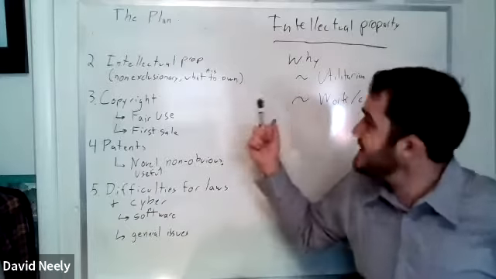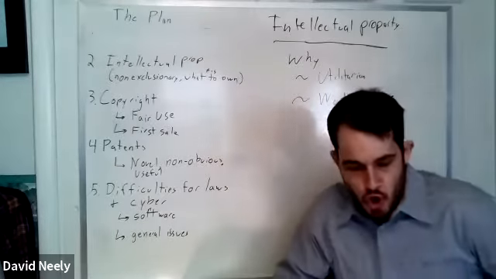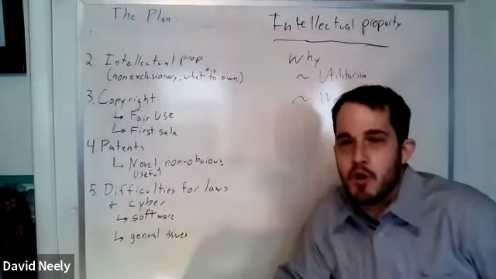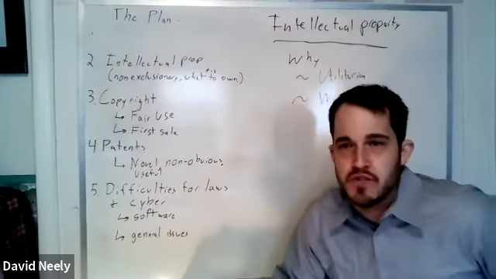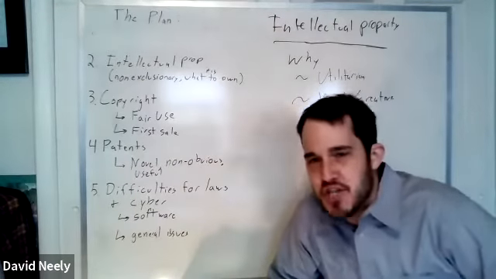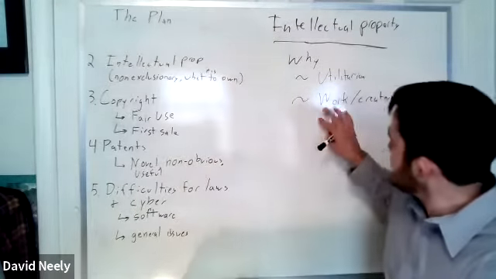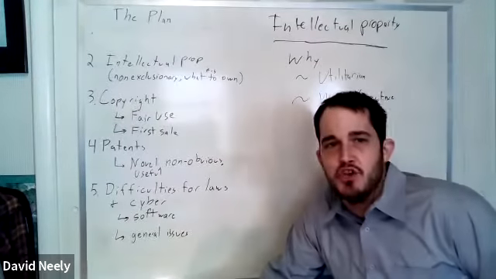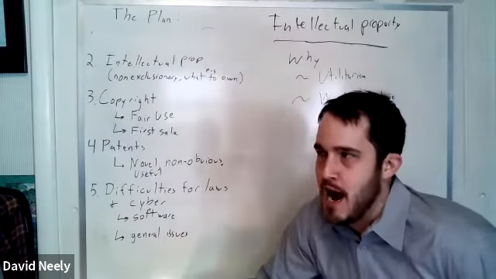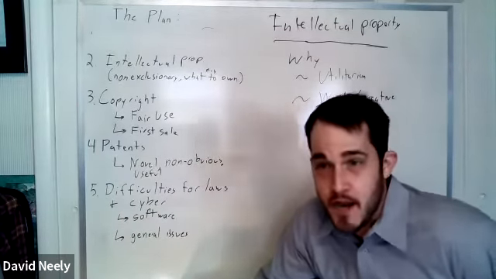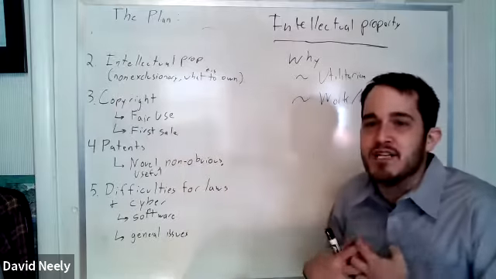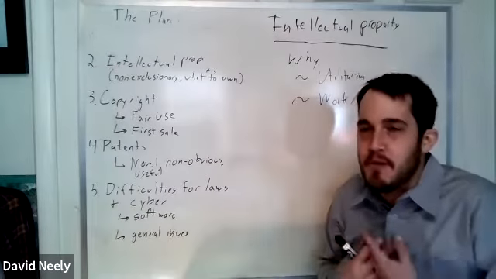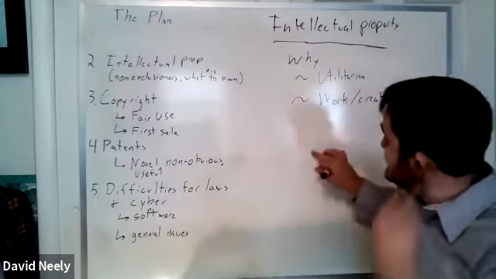Absolutely. So the idea is that if you put your heart and soul into a paper or a song, and you put that much time into it, you feel that nobody else should be able to profit off of it. It's yours, it came from your head. Therefore, we need a system in place.